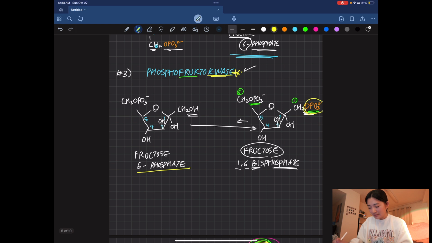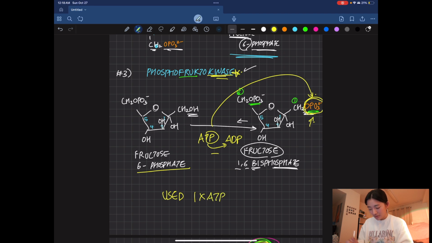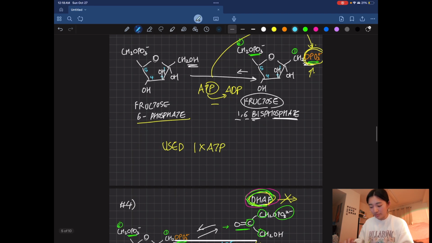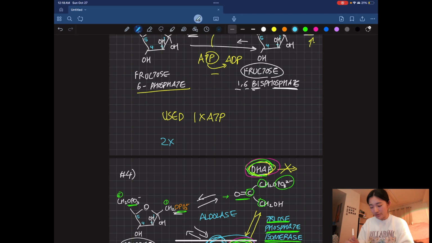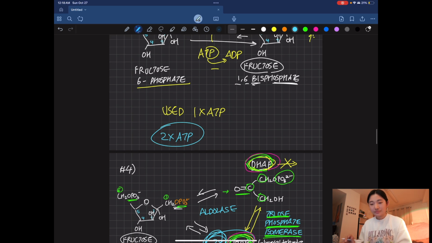So this phosphate group came from an ATP. And phosphofructokinase is the thing that did that. So we also used 1 ATP here. So how much ATP total did we use? 1 plus 1 equals 2. If you can't do that, you're cooked, drop out of biochem. 2 ATP. We used 2 ATP.